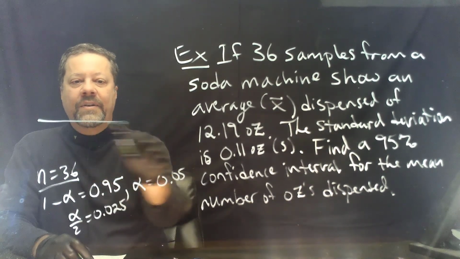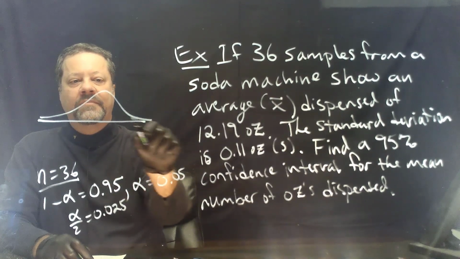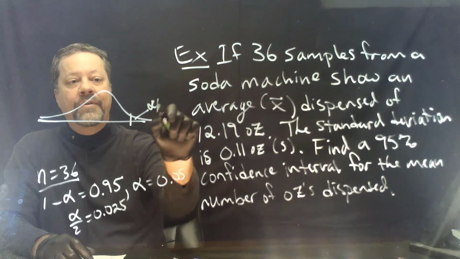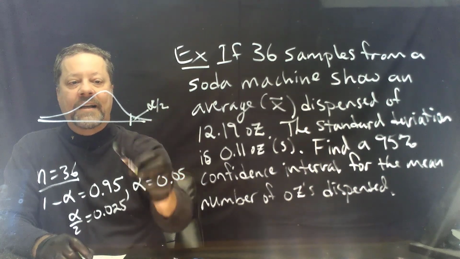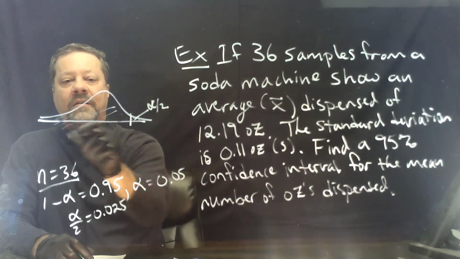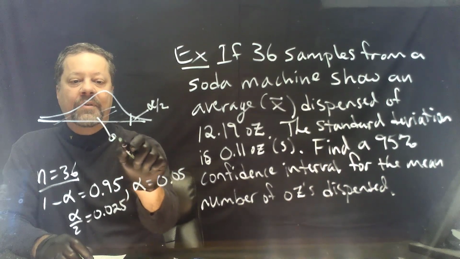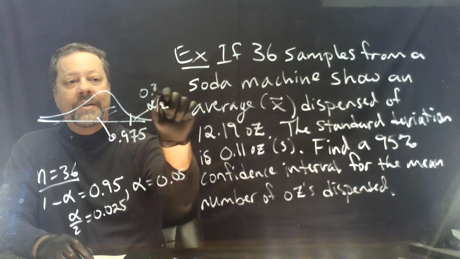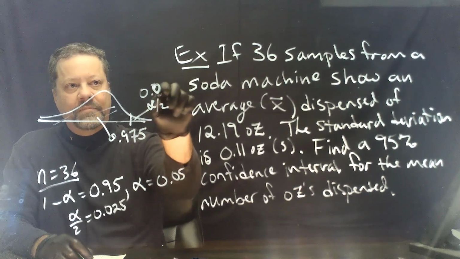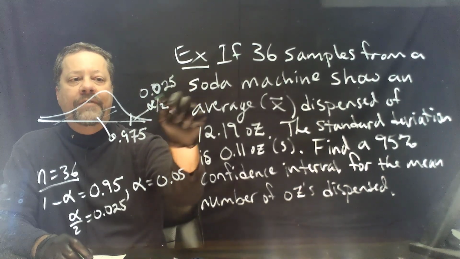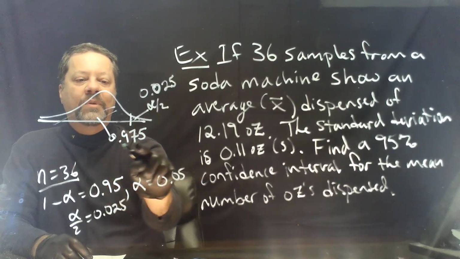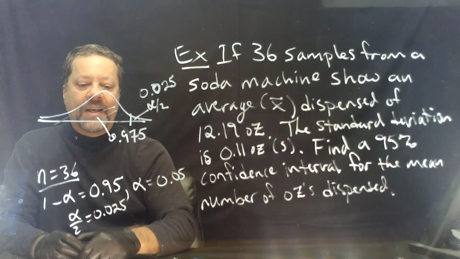So we find the critical z by putting alpha over 2 area on this side. That means over here we'll have 0.975. If this is 0.025, 2.5% in the right tail, from there left will be 97.5%.